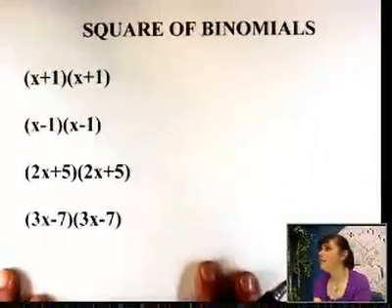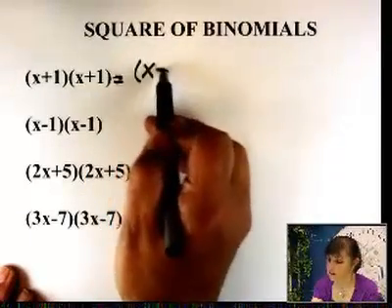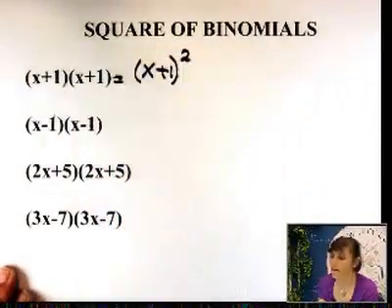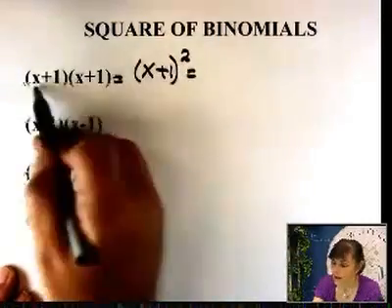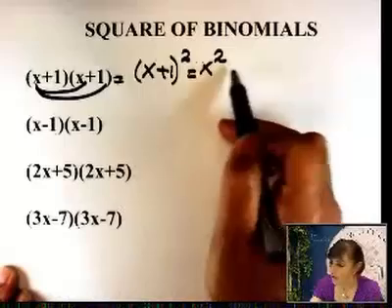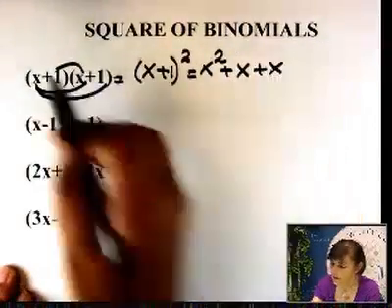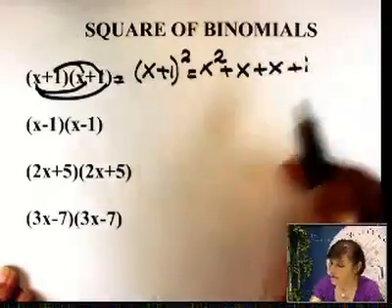Okay, very good. So let's do some special cases. This one is the same as x plus 1 squared. Let's see how it works. The first term is x squared. The outer term is x. Inner term is x. And the last term is 1.